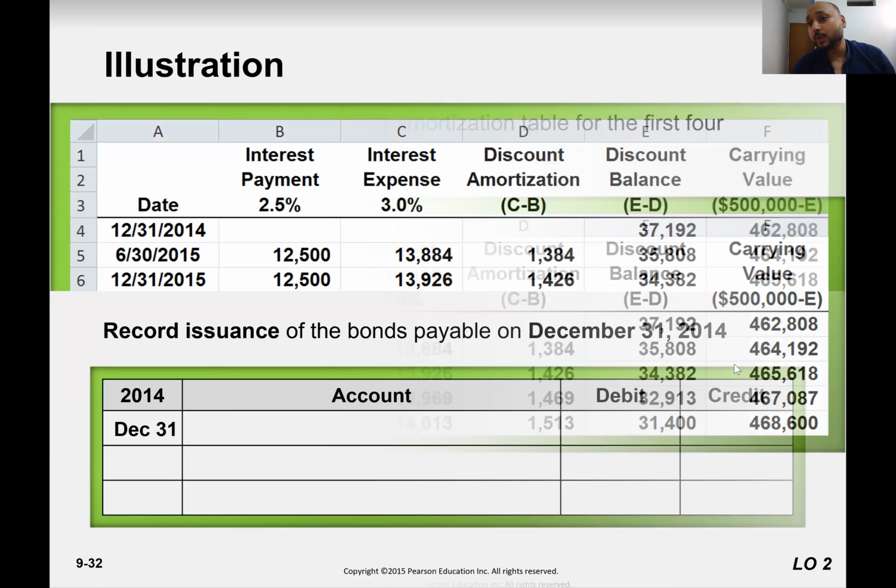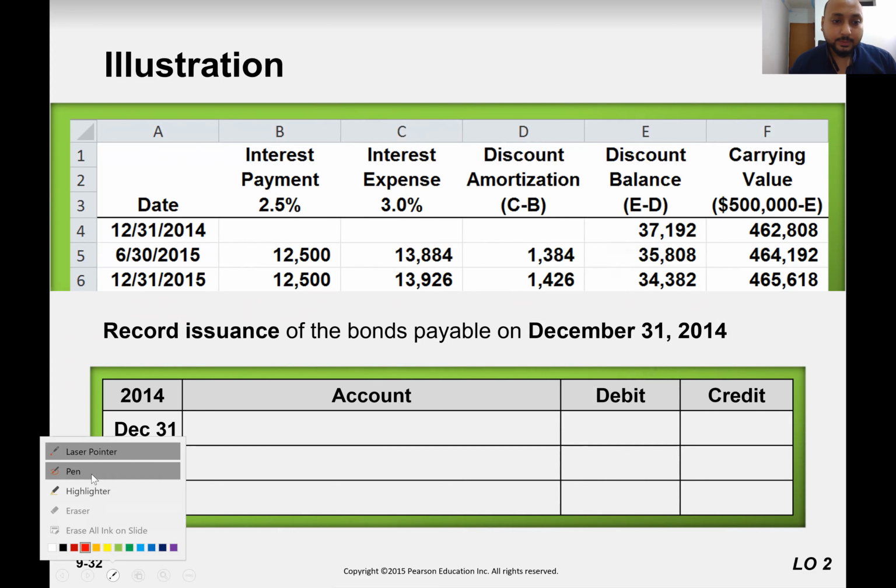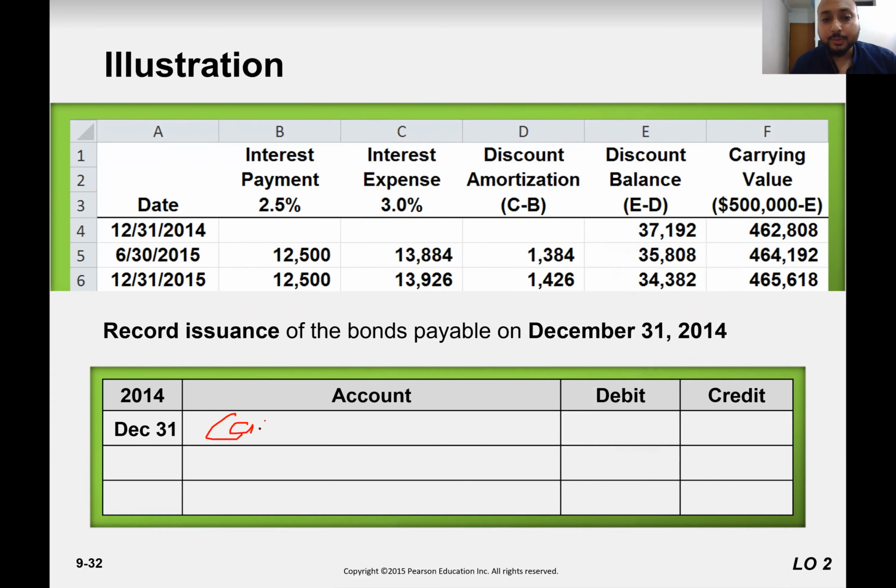Second part, we have to make the entries. So remember, the first entry is going to be when we issue the bond and receive the money. So we issued the bond at 462,808. So this much amount we received. So the entry would be cash with this amount, and bond payable with 500,000.